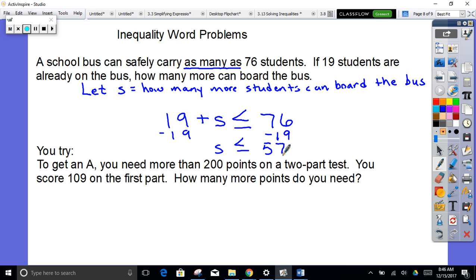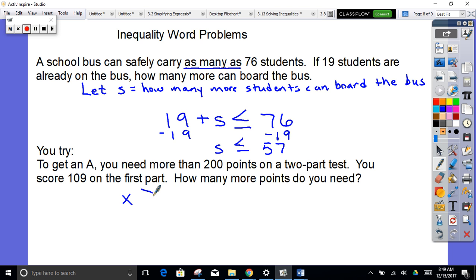Okay, I want you to try the next one, and then we will talk about it. Eve, what did you get as an answer? I got 19. Well, you can't just get a number. You have to have an inequality in there. X is greater than or equal to 91.